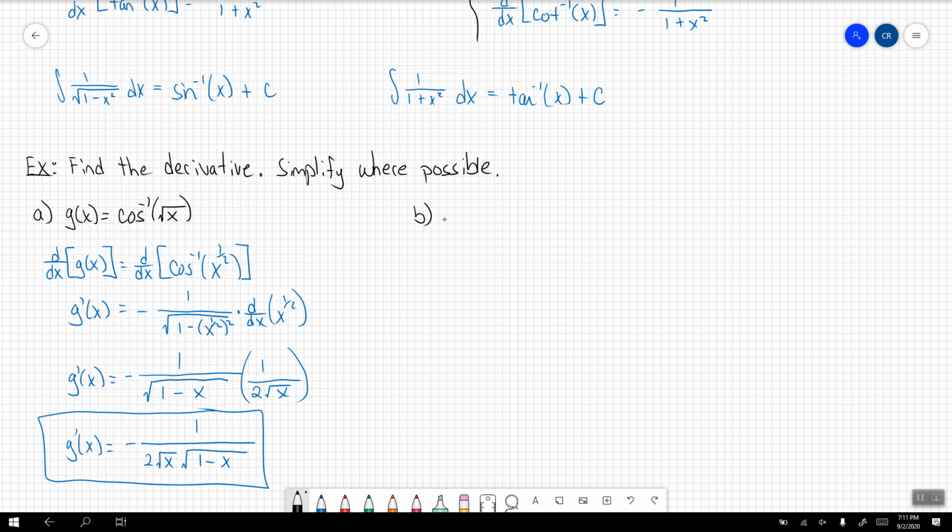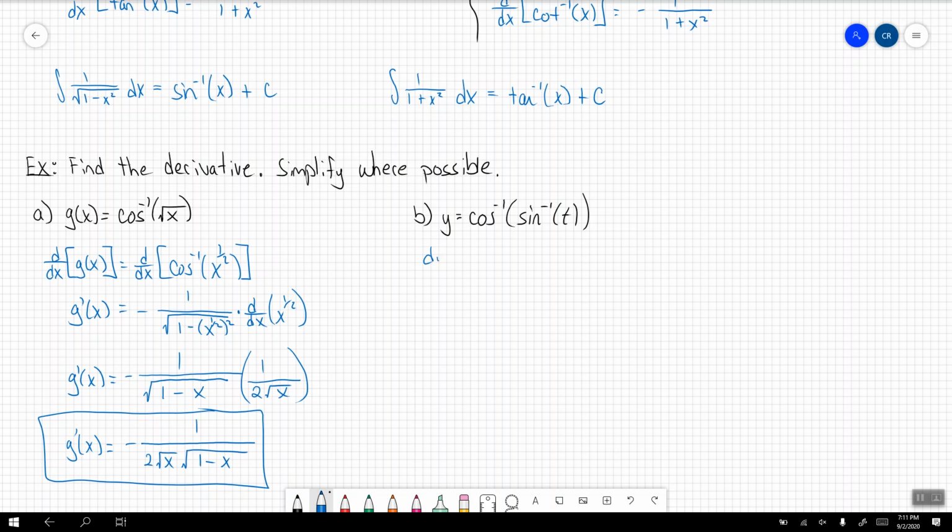Let's work with y is equal to cosine inverse of sine inverse of t. Ooh, that's pretty cool. Okay, so here we go with that one. I want to take this derivative, so once again I am going to apply the derivative onto both sides.